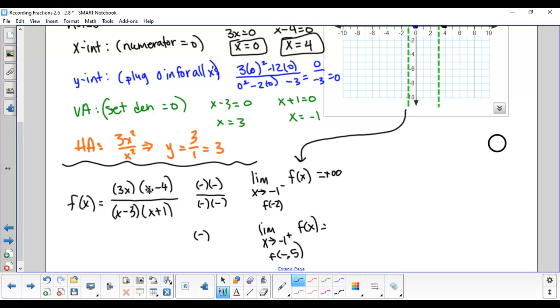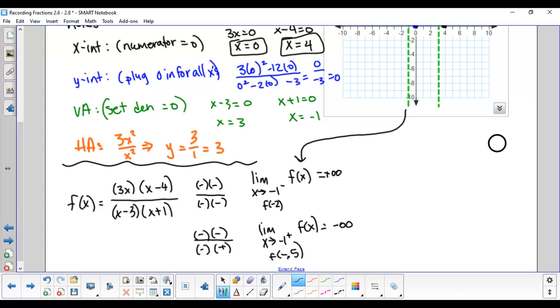A -0.5 in for x minus 4 is going to produce a negative. A -0.5 in for x minus 3 is going to produce a negative. And a -0.5 into x plus 1 is going to produce a positive. So in this case, a negative times a negative is a positive, and a negative times a positive is a negative. So this ends up becoming a negative infinity.